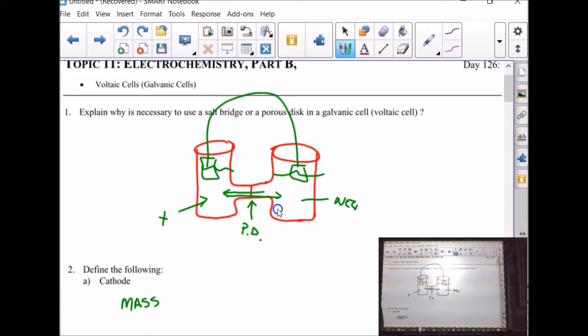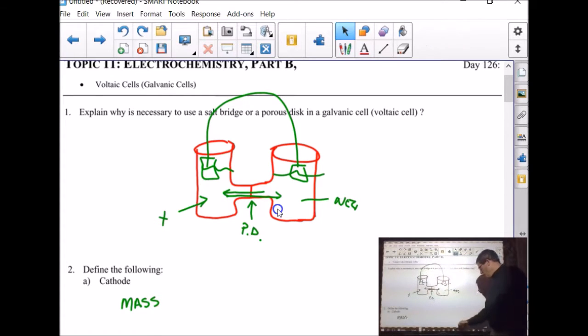It has a big enough opening to allow the ions to pass through, but not like rush through. Electrons won't go through the water yet, or the solution yet. Yet. That's coming up, and trust me, you don't want it to come up. Yeah, that's exactly right. You're not going to be happy. All right.